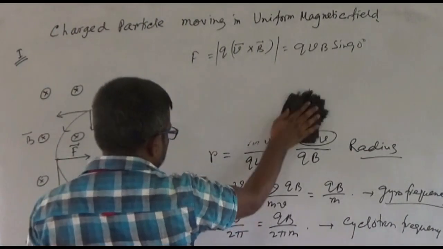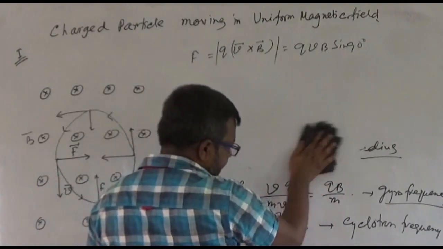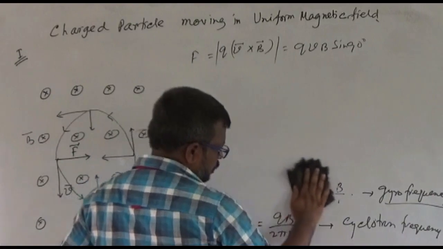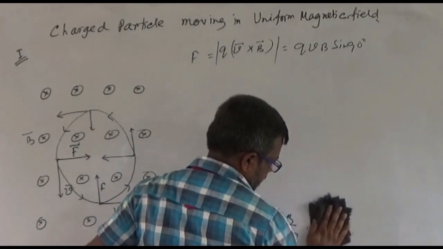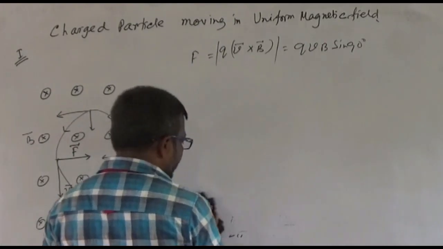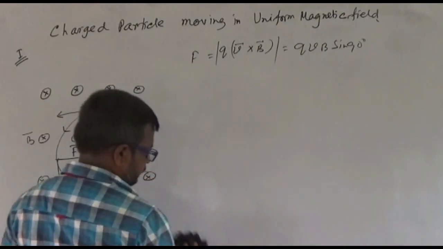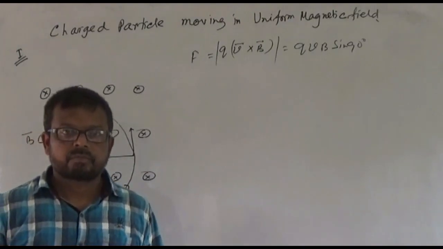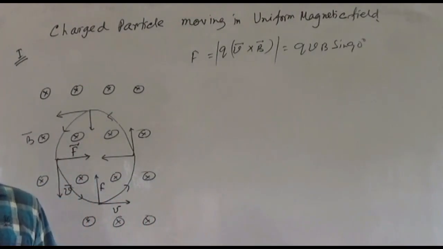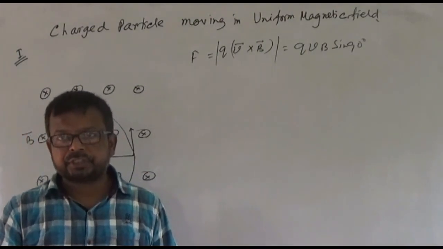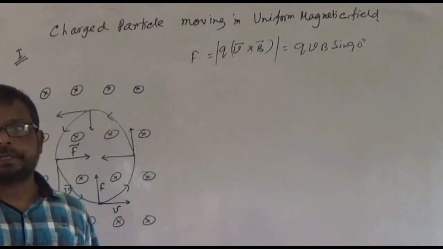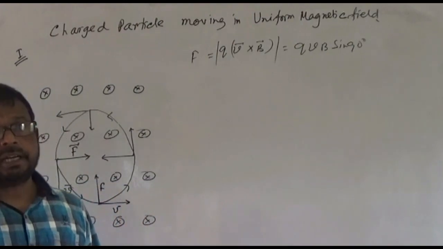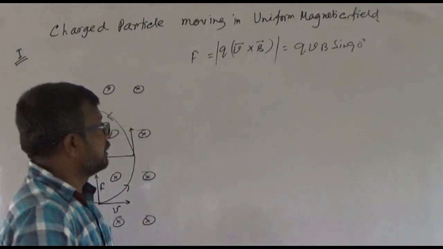Now, if the charged particle enters a region with magnetic field B in parallel or anti-parallel, that means a moving charged particle does not experience any force if its motion is parallel or anti-parallel to the magnetic field.